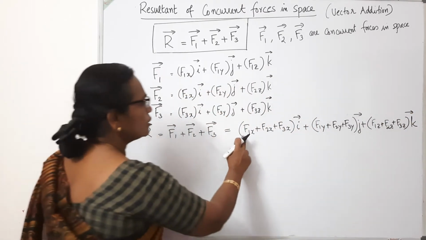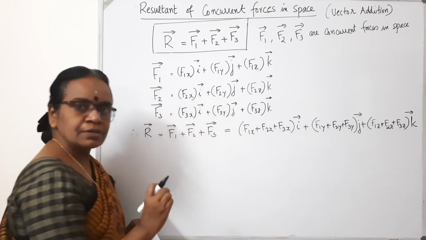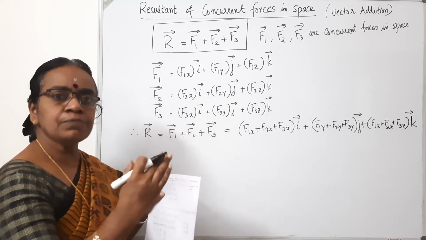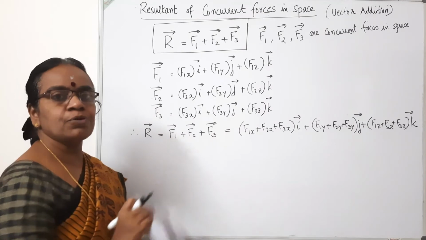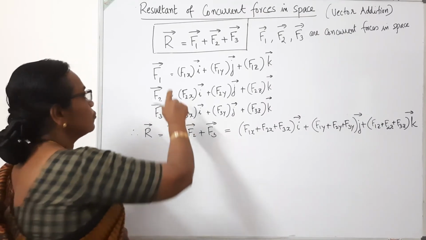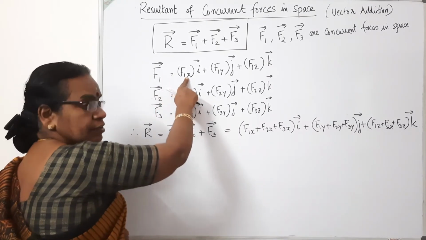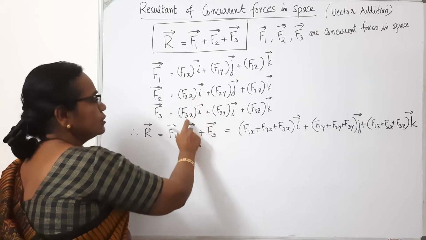So this F1x plus F2x plus F3x, what is it? It is the sum of the x components of all the forces. For the first force, F1x is the x component, and likewise for the others.